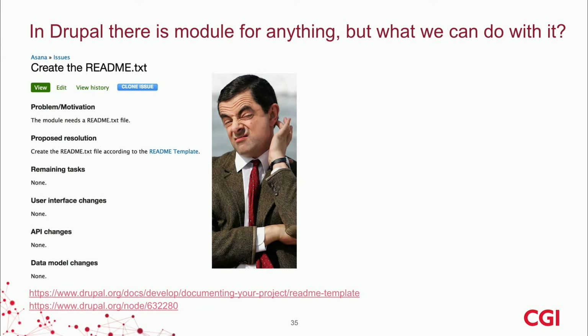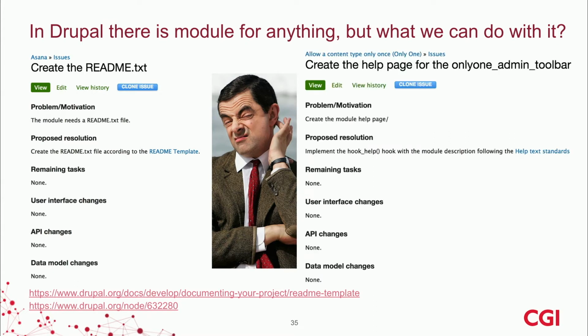The README file. Each project must have a README file, and for the README file we have a README template. This template says what you need to put inside the file, because sometimes you write some things inside the README file, but what you write doesn't help the user to know how the module should work.